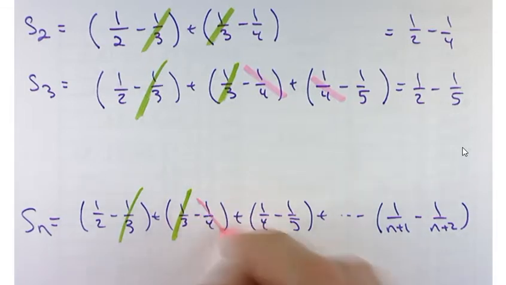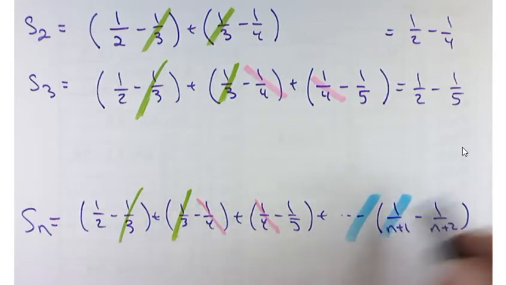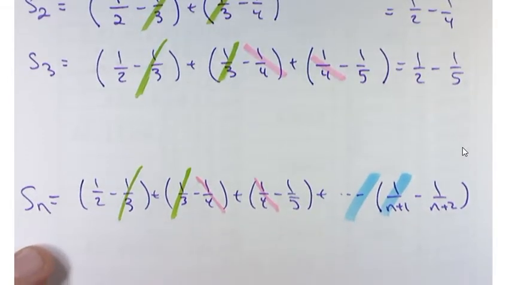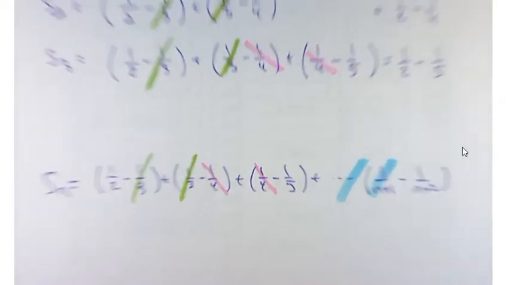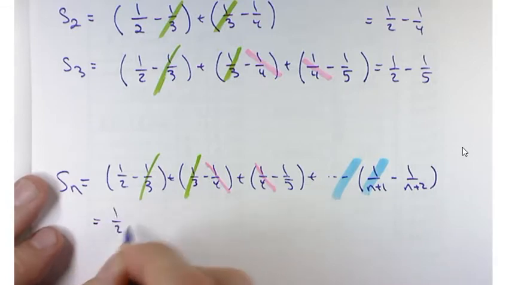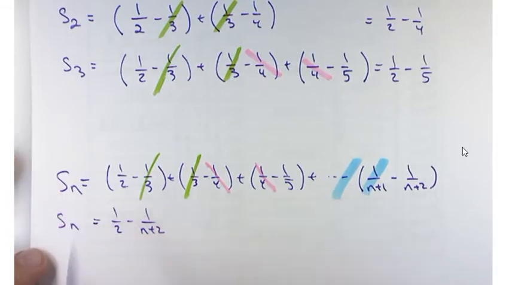So those cancel each other out, and then these cancel each other out. That gives me 1/2 minus 1 over n plus 2. That's S sub n.